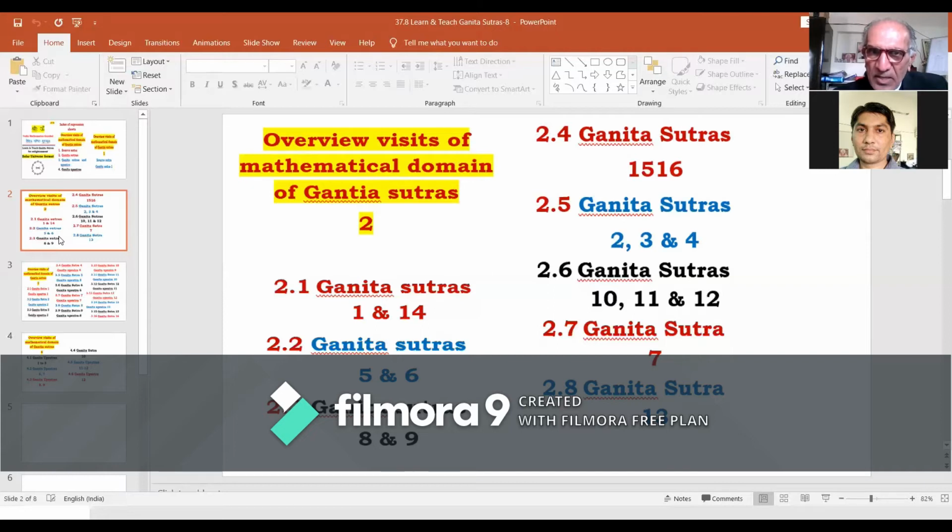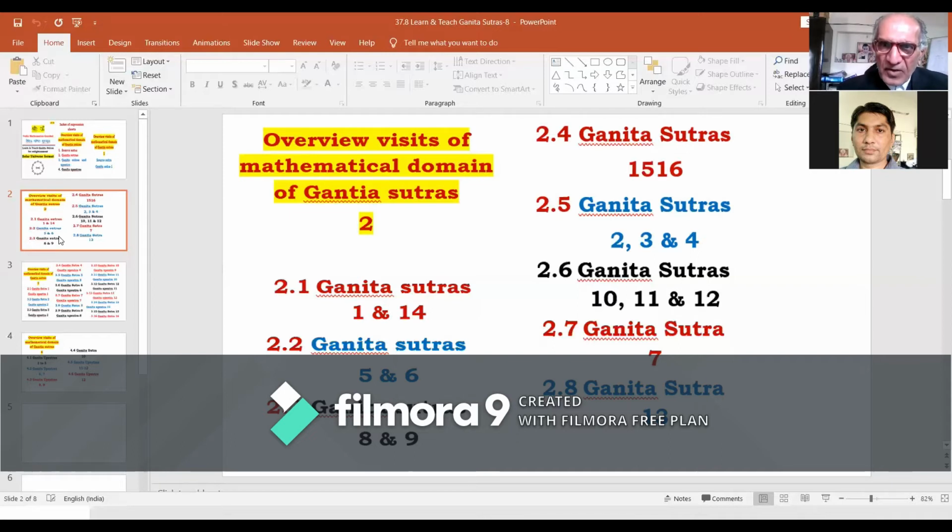Ganita Sutra 5 as such is the mathematical domain of zero space as domain, and the mathematical domain of Ganita Sutra 6 is as well of zero space but in different roles.